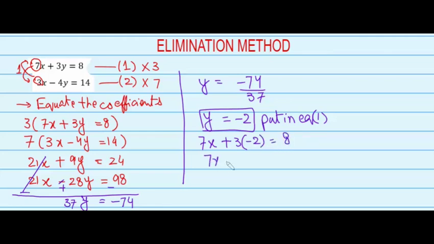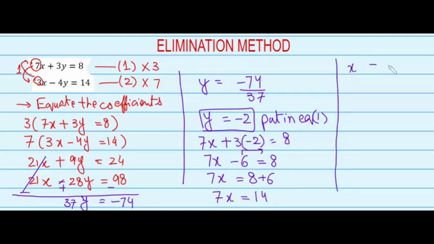So 7x plus into minus gives you negative 6 equal to 8, and this 6 will move to the right side and it becomes positive 6. So we're left with 8 plus 6, and finally we get 7x is equal to 14. Now we can divide both sides by 7, so x will be equal to 14 divided by 7. 7 1s are 7, 7 2s are 14. So x is equal to 2. So this is the value of x now.